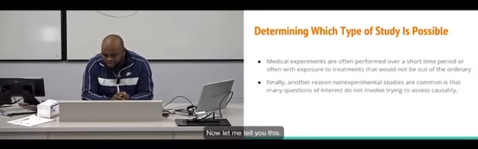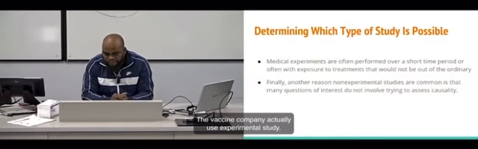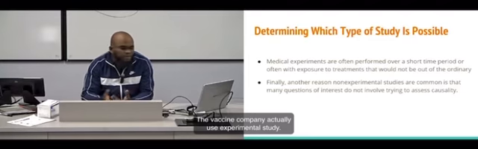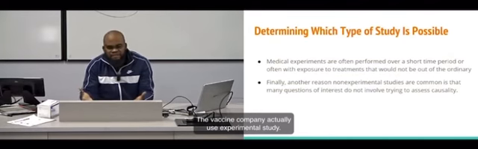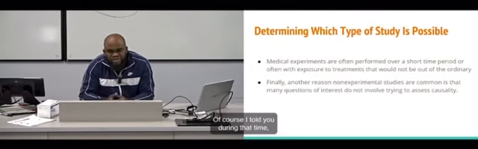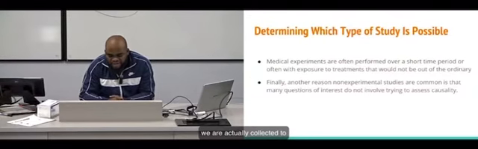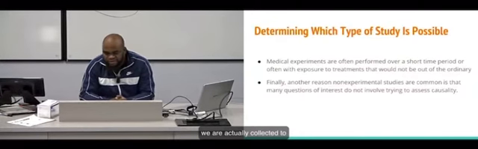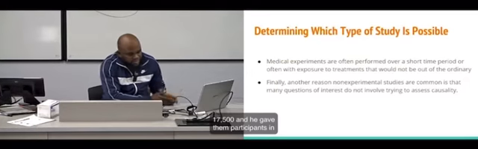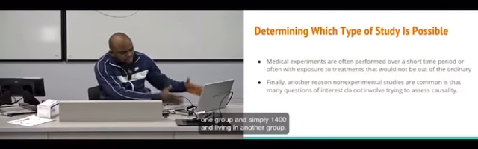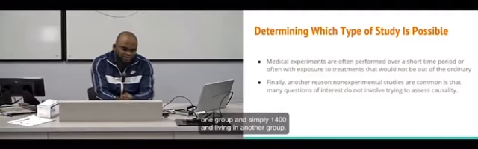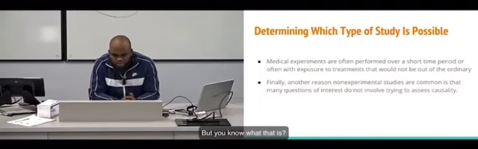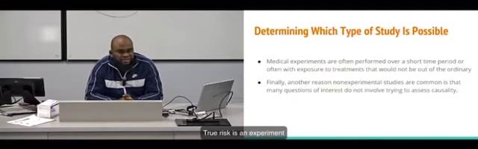Now, let me tell you this. The vaccine company actually used an experimental study. I told you the other time, they put 17,511 participants in one group and 70,411 in another group. But you know what? That is too risky.